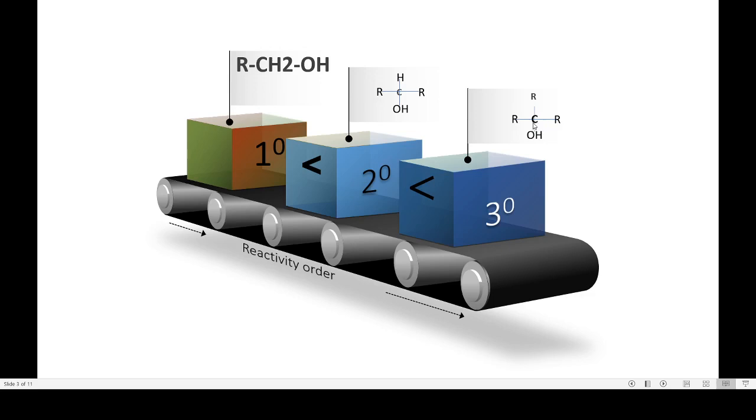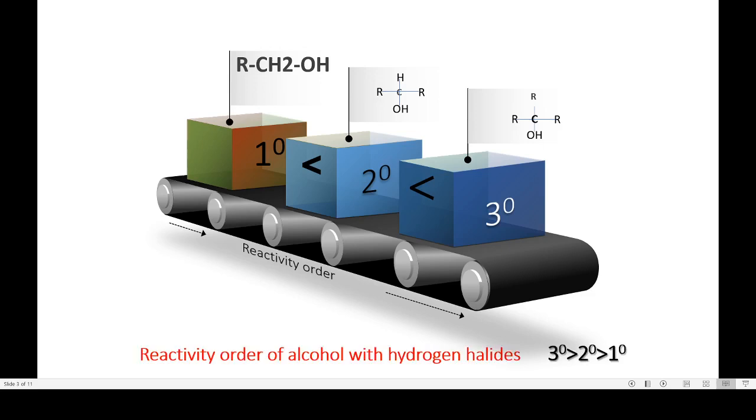This positive charge is called a carbocation, and a positive charge on carbon having other 3 alkyl groups is called a tertiary carbocation. Tertiary carbocation is more stable than the secondary and primary. Hence, the reaction very easily happens with the tertiary alcohol. The reactivity order of alcohol with hydrogen halide is given. Tertiary is more stable than the secondary and than the primary.